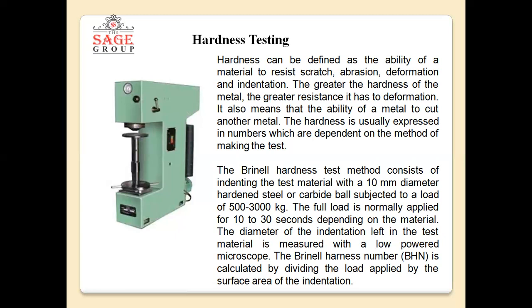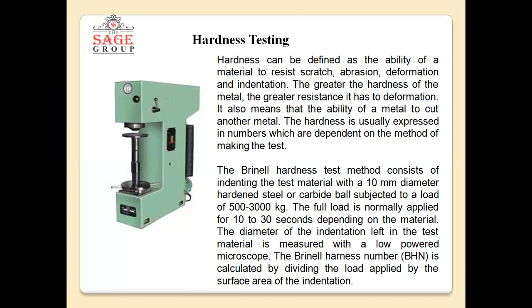When you see the picture of a Brinell hardness tester, there is an indenter, a hardened steel ball. In Vickers hardness, a diamond indenter is used. The basic idea of hardness testing is that an indenter is pressed on the material to be tested with a certain load for a certain time.